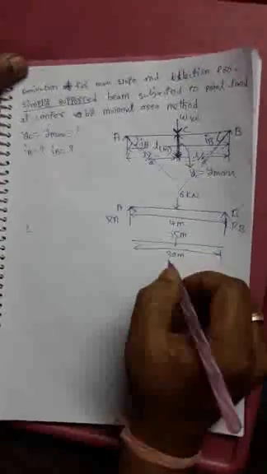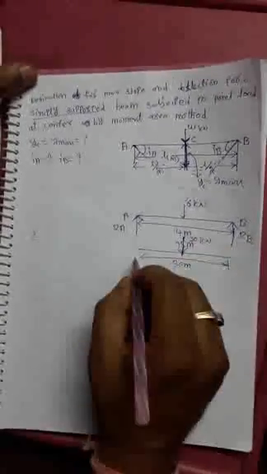Why? Because on a 30 meters scale, the center point is 15 meters. If 30 kilonewtons is acting, this support carries 15 kilonewtons and this support carries 15 kilonewtons.